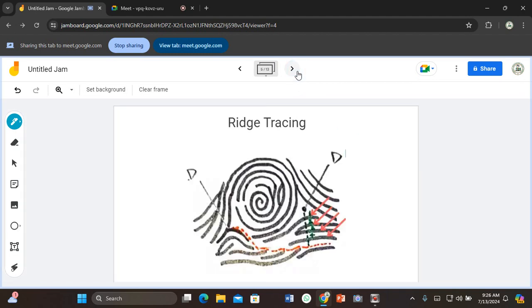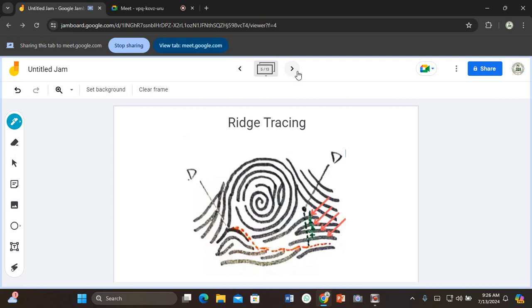Now with ridge tracing: in the second group of ridge patterns, which is loop, we use ridge counting. We say ridge counting is an important, a vital tool to have a positive identification.